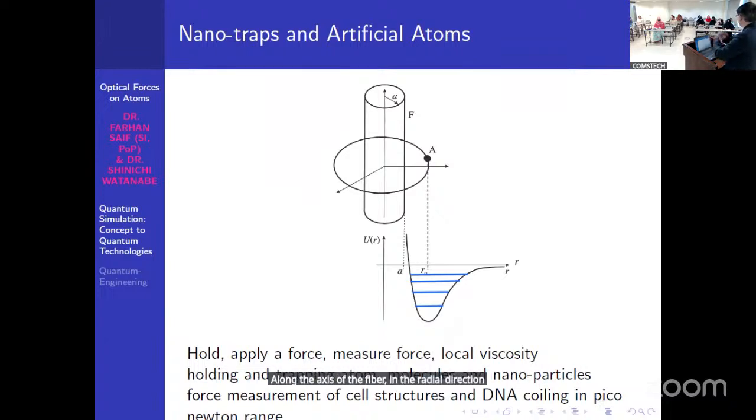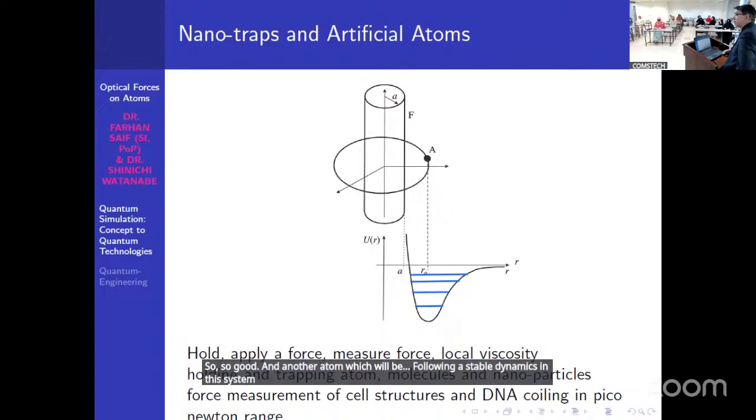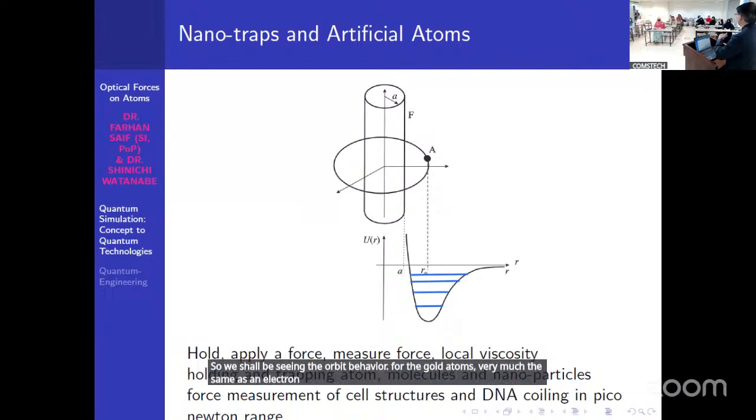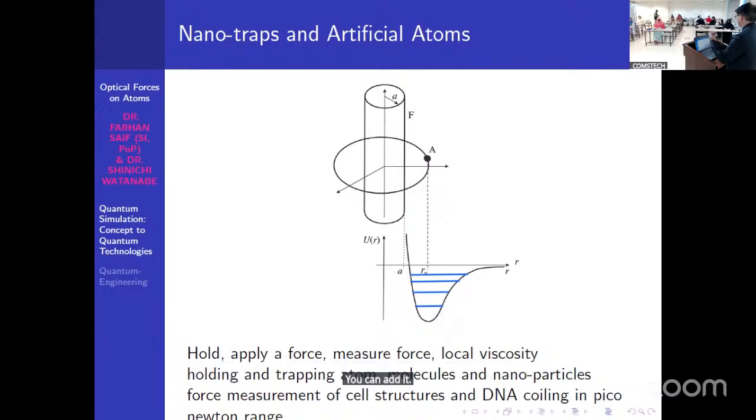At a distance r, it will be making this circle. And another atom, which will be following stable dynamics in this system, would be at a higher energy. So we shall be seeing the orbit behavior for the cold atoms very much the same as an electron sees in an atom. So this is a very good comparison, a prototype of an atom.